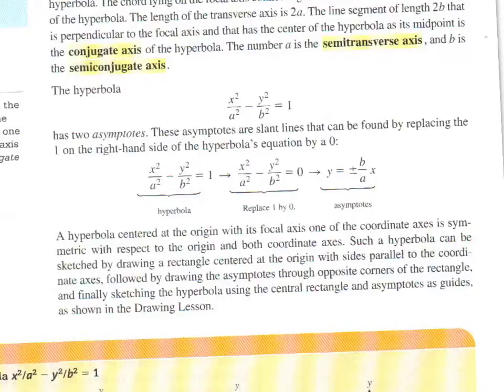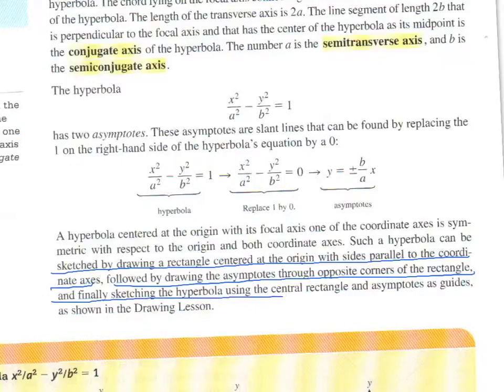Such a hyperbola can be sketched by drawing a rectangle centered at the origin with sides parallel to the coordinate axes, followed by drawing the asymptotes through opposite corners of the rectangle, and finally sketching the hyperbola using the central rectangle and asymptotes as guides, as shown in the drawing lesson.